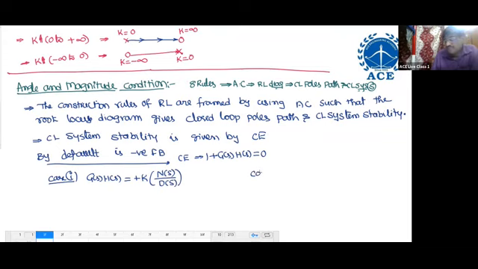Case 2: G of s H of s equal to minus K, a negative value, times N of s by D of s. For example, minus infinity to 0 means I take a negative value. N of s means numerator polynomial in s, and D of s means denominator polynomial in s. Okay? I consider two cases, but the feedback is negative feedback only.